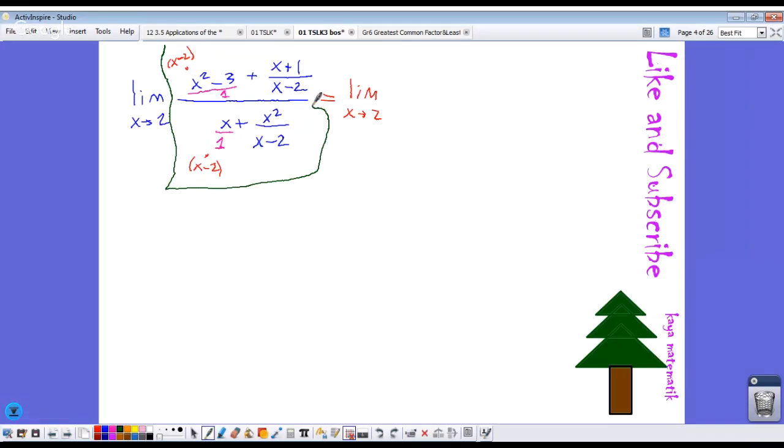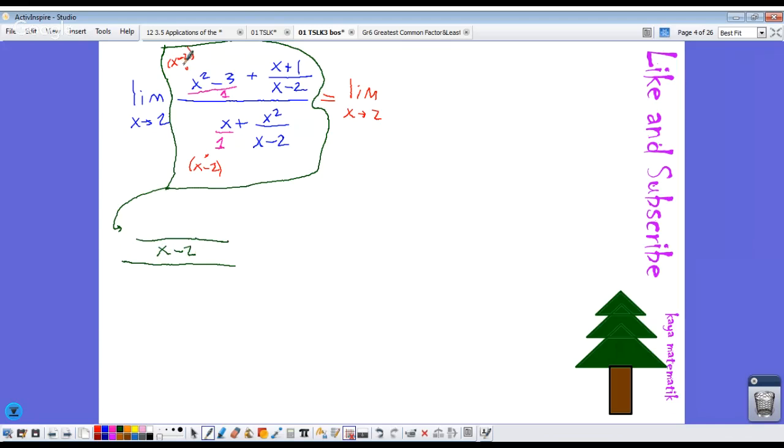But after I finish those algebraic things, I will write the final result in here and calculate it over there. So x minus 2 times x squared minus 3. So x minus 2 times 1 will be x minus 2. So the denominators will be, for both of them, x minus 2.